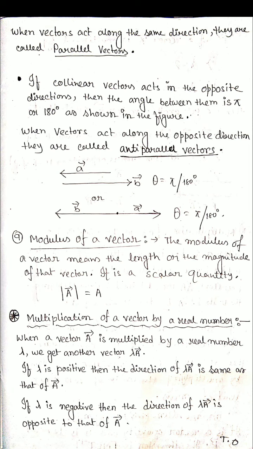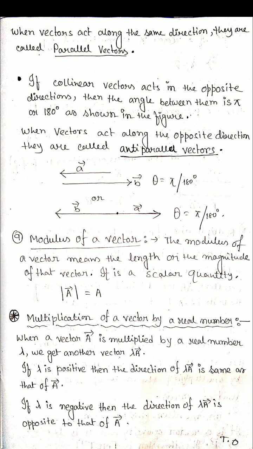When both vectors are opposite in direction, the angle between them is 180 degrees or pi. This kind of vector, where theta equals pi or 180 degrees, is called an anti-parallel vector.